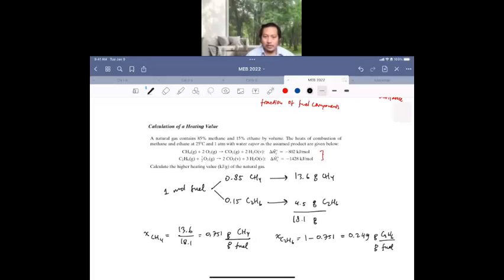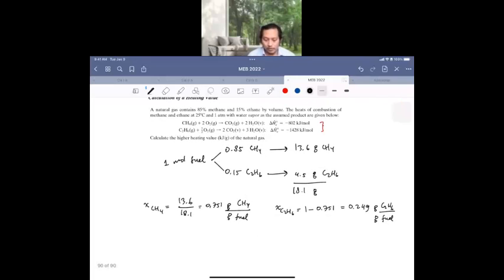Now, after we get these fractions, we are going to find the higher heating value, which is the lower heating value plus the heat of vaporization of H2O. The lower heating value is actually this. We have the given heat of combustion, negative, so negative negative is positive, right?